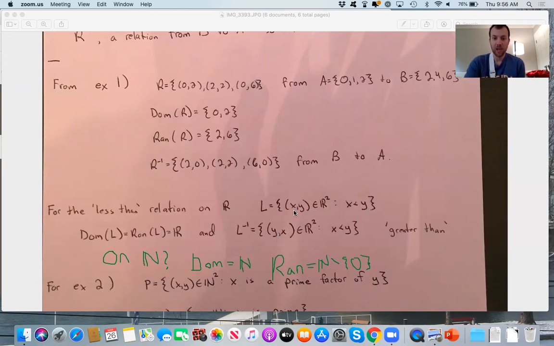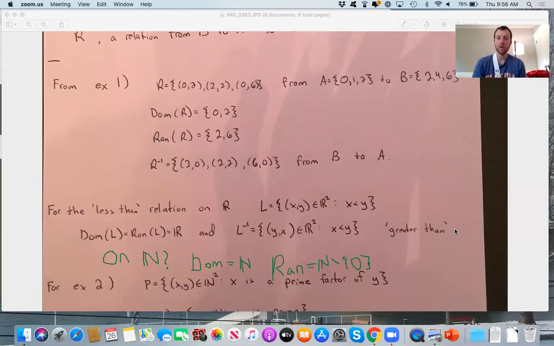So if you have two numbers x, y, and they're in here, that means x is less than y. The inverse is going to have that pair in reverse, y comma x. And this is another natural seeming relation. The inverse of the less than relation is the greater than relation.